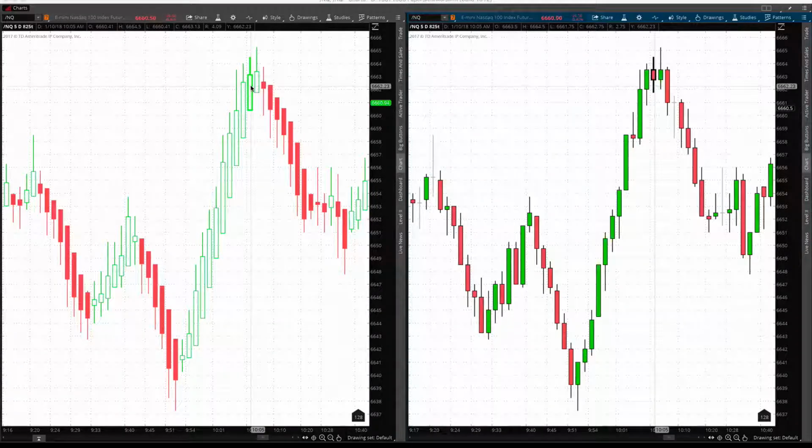Whatever the maximum value is, that becomes the high of the Heikin Ashi. And conversely, the low is the minimum between the low of the candlestick bar and the open and close of the previous Heikin Ashi bar. That becomes the low of the Heikin Ashi. So the way these things are calculated, it shows momentum and trend a lot easier.